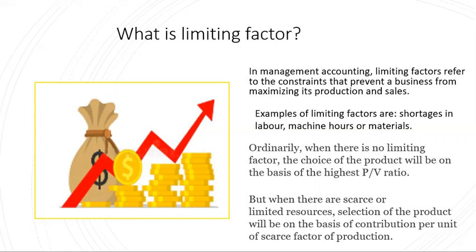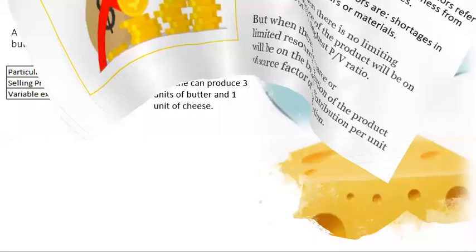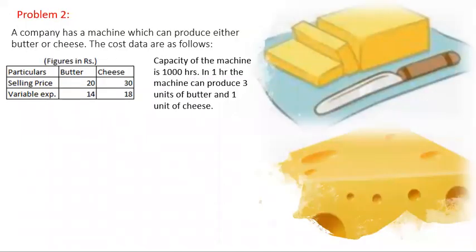That means, in simple terms, if a company has a limited number of laborers, then the company must produce that product which gives the highest contribution per unit of labor. Let's understand this concept with the help of a problem.